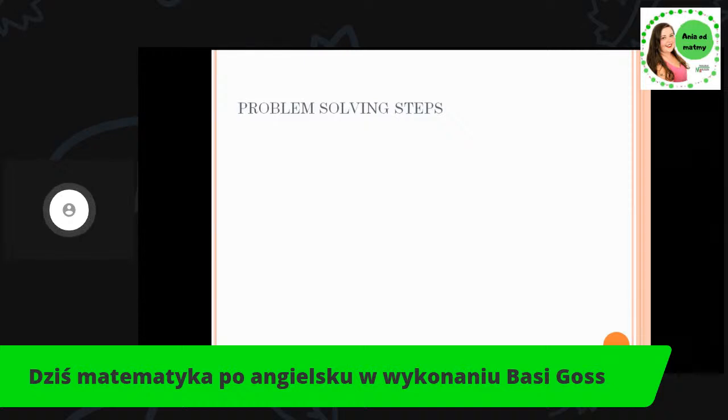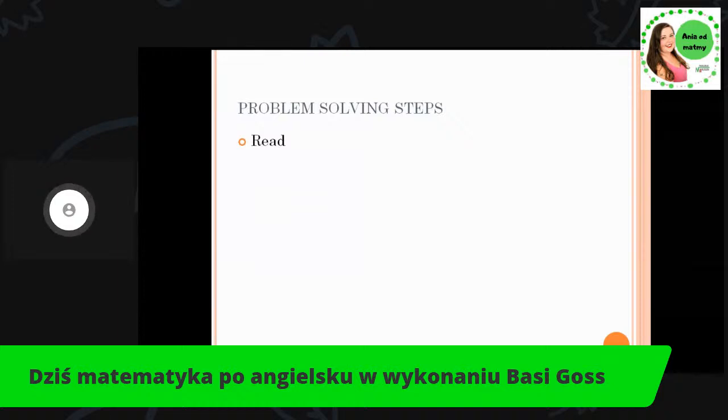Do you remember the steps from last lesson? What was step number 1? What do we do first when we get a problem to solve? First, we need to read the problem because we need to know what the problem is about.